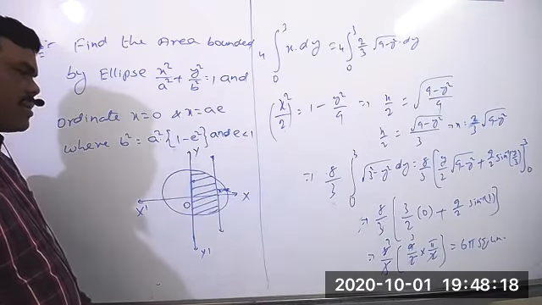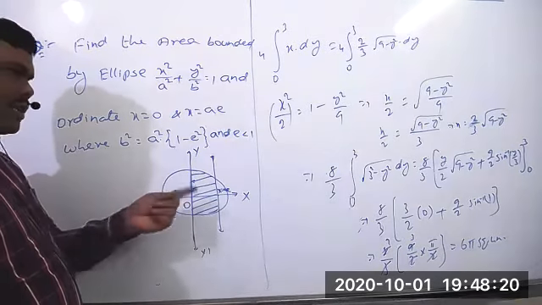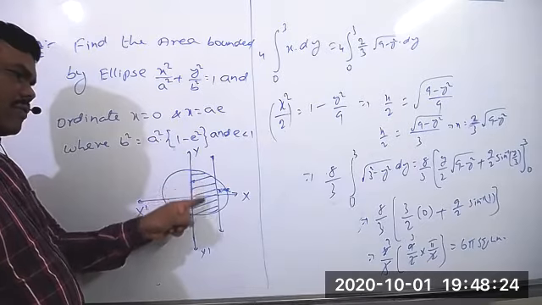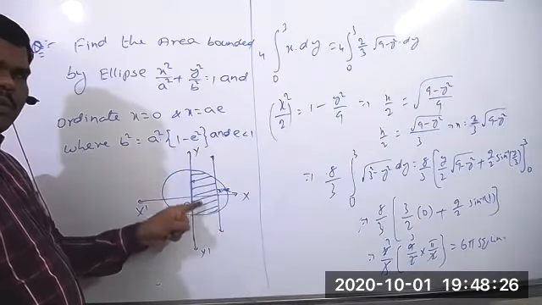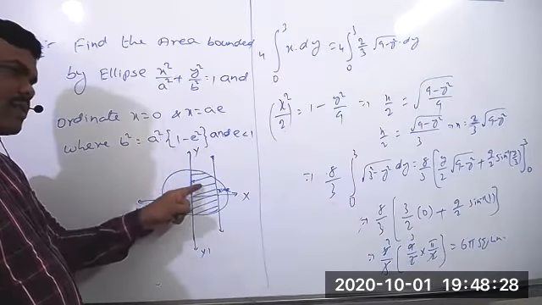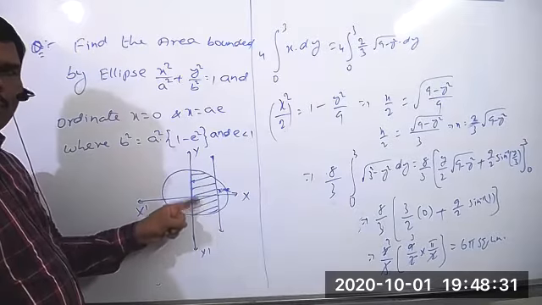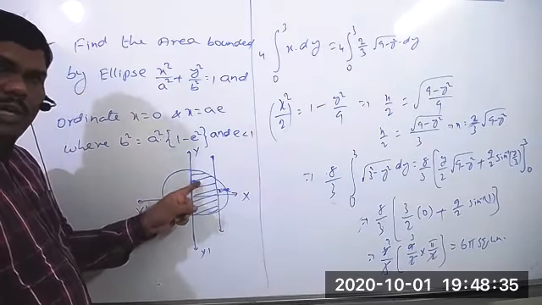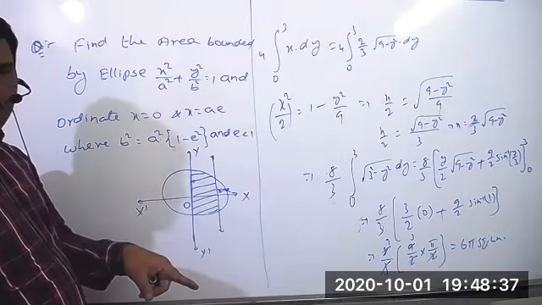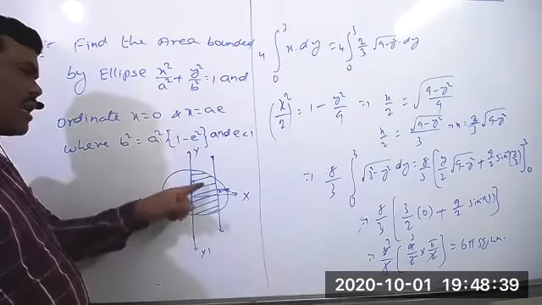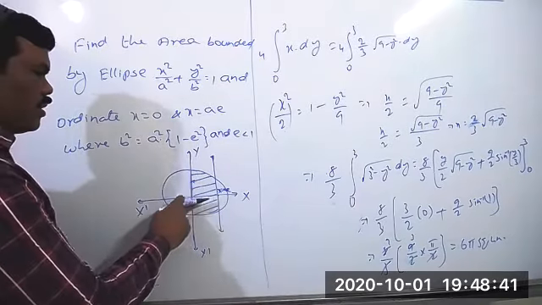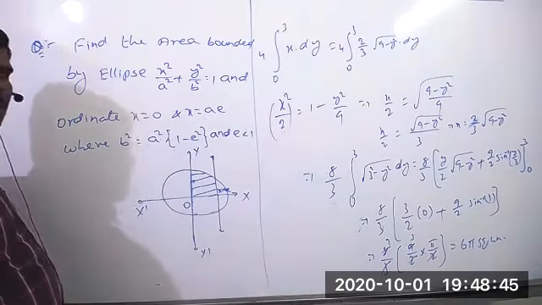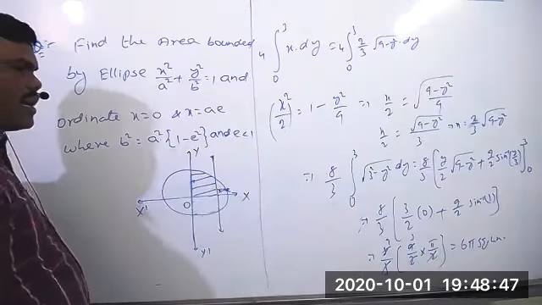The top part and the bottom part, are these two the same or different? Same. That means you can find the area of one part, it's enough. Find the area of one part and double it. That means 2 into the area of the first part. The limits will be 0 to ae.